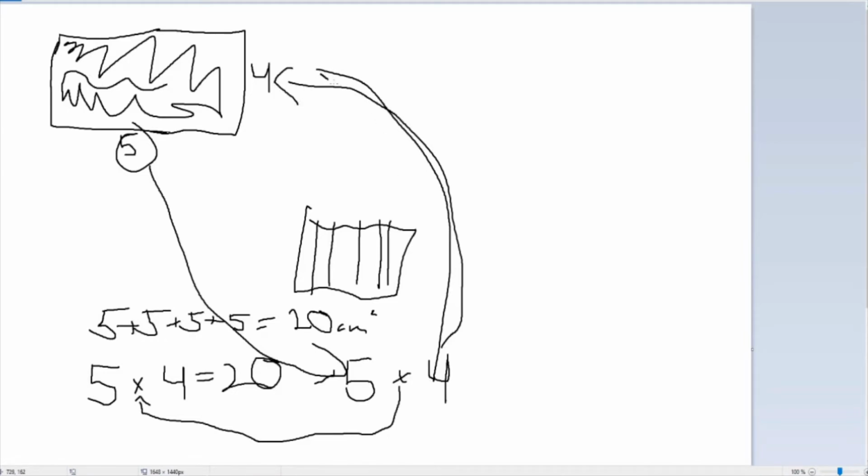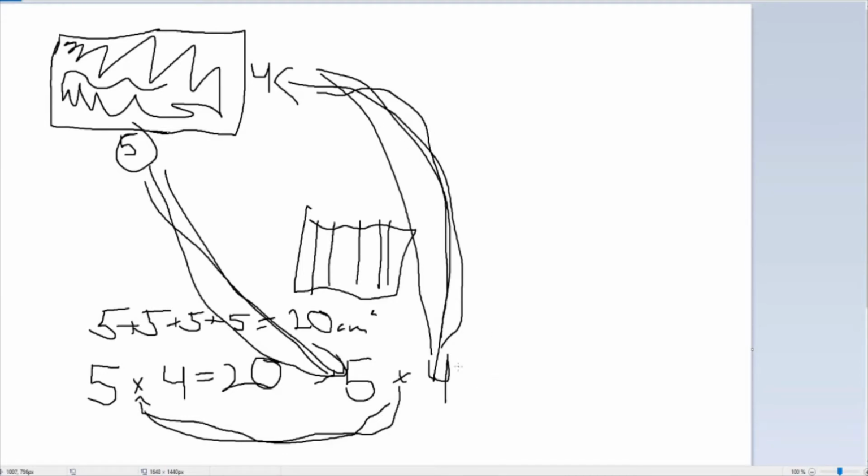You see 4. So we have the 5 from here, and we have the times 4. And now you see here, how many geometric shapes are we working with? Easy question. 1. Times 1. Times 1 there. And now we have 20, right?